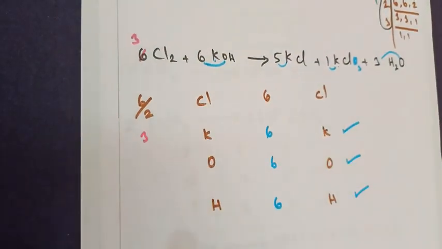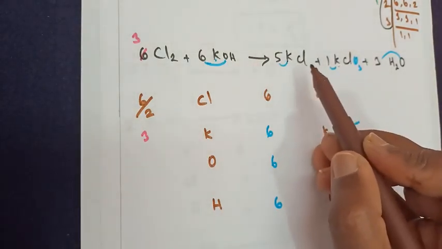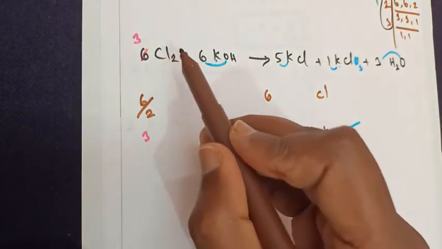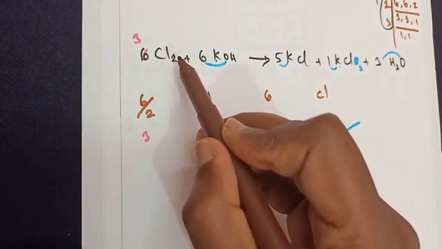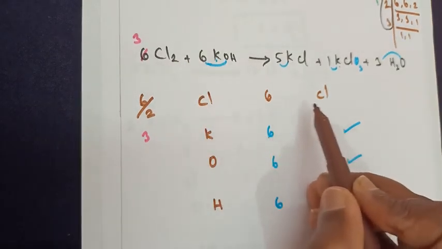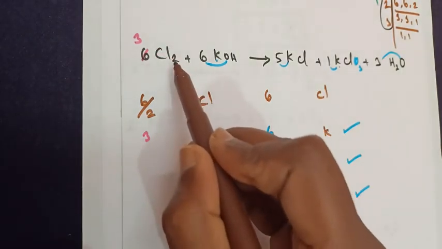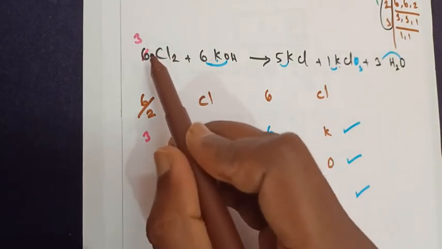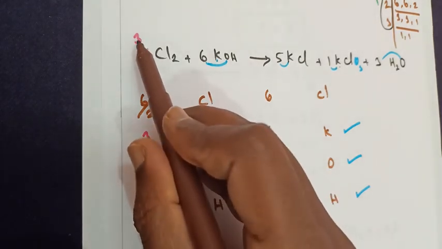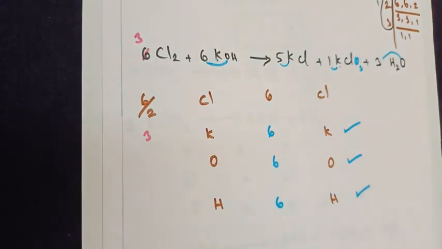I'm repeating again: all the other reactants and products are made up of different combinations of elements, but chlorine is a pure elemental form. So 6 2s are 12, and the reaction will not be balanced. For an elemental form, you can divide by the term that is given. So 6 by 2 gives you 3. Instead of writing 6, when you write 3 here, 3 2s are 6. The reaction is balanced.